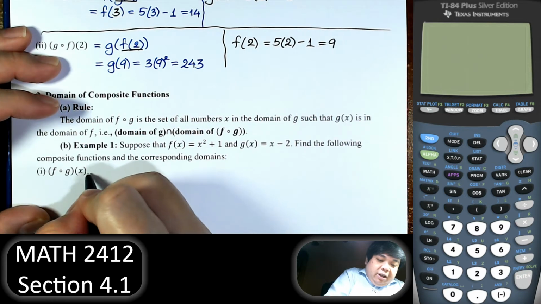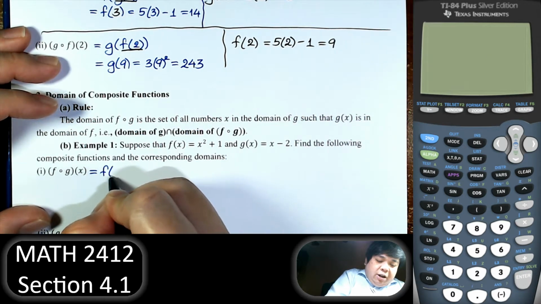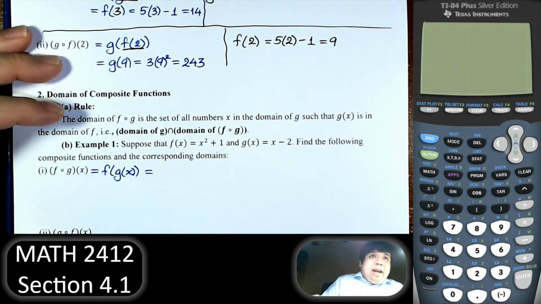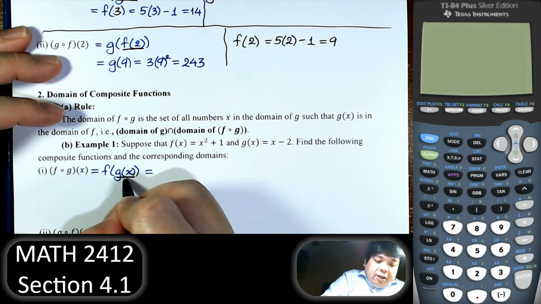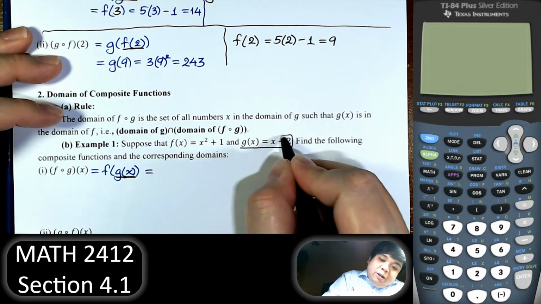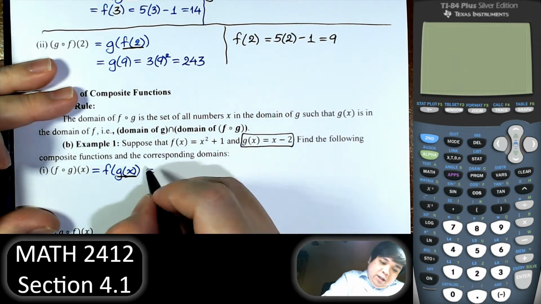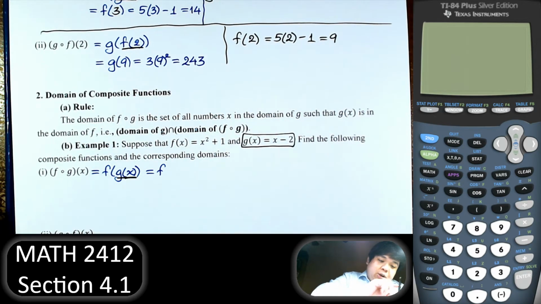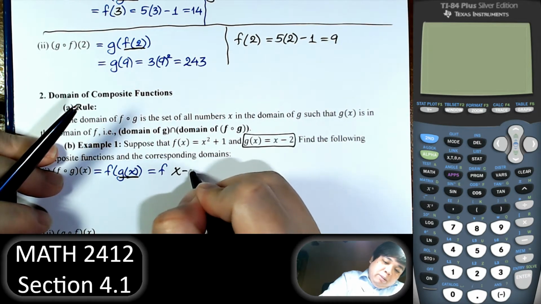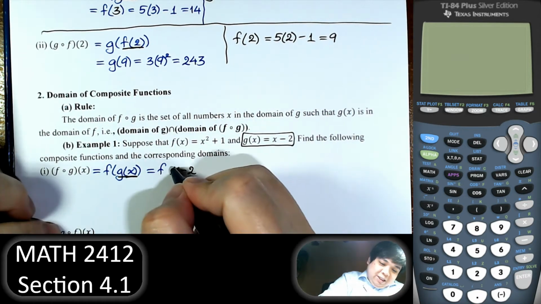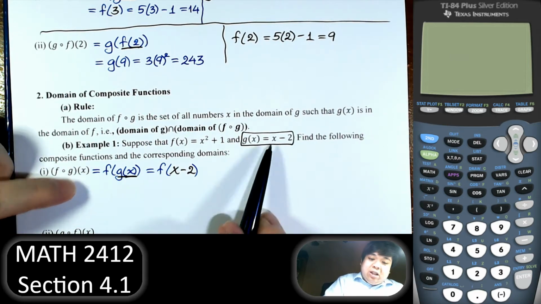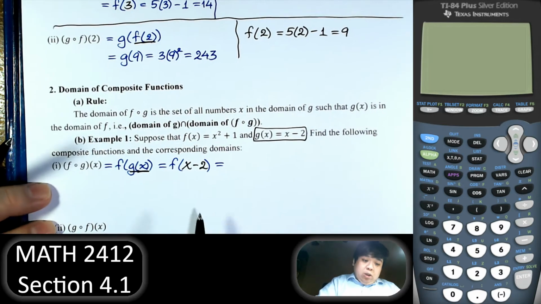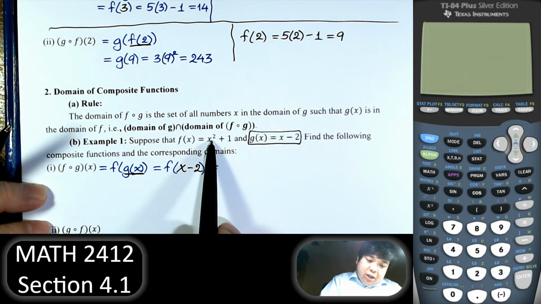So the domain of, first we can write f of g of x. Now in this case we have g of x is x minus 2, sorry. Yeah, g of x is x minus 2. And then the function f of x is x squared plus 1. So I will substitute x minus 2 into this x.